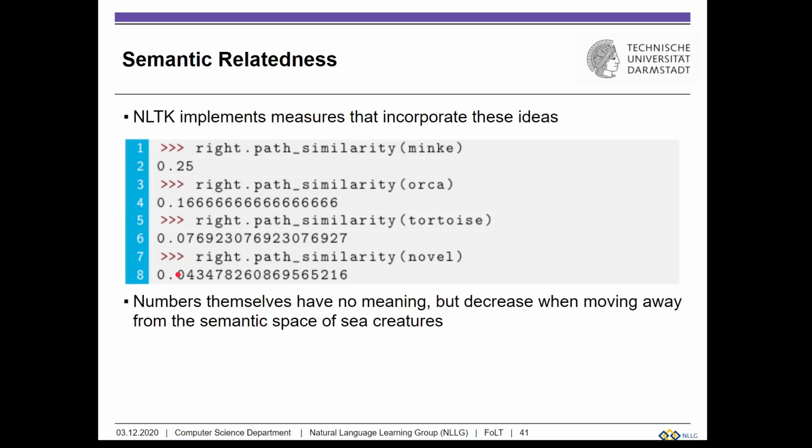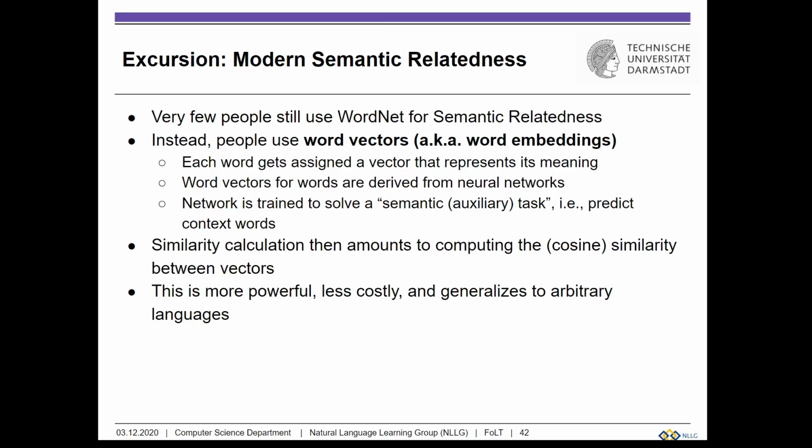As one remark here, the numbers themselves do not have so much meaning, but the relation between the numbers is important. If you have two numbers, the bigger one indicates higher semantic similarity. So that is how you can use WordNet to get the semantic similarity of two objects, even if they are not in the same synset.